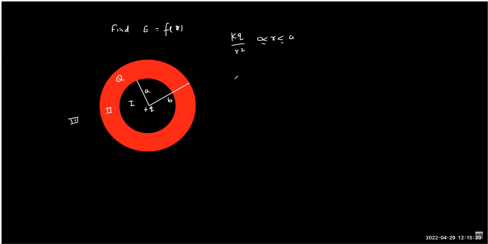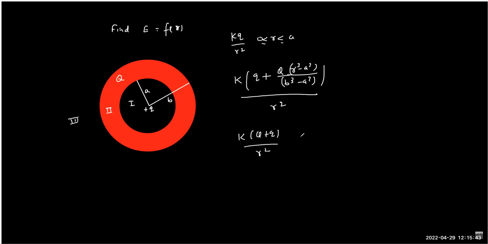For the second region, I'm getting it as k into q plus q into r cube minus a cube by b cube minus a cube, divided by r square. Very good. Sir, and for the third one, yes, sir. Excellent. Okay, so this is the answer for all the three cases.